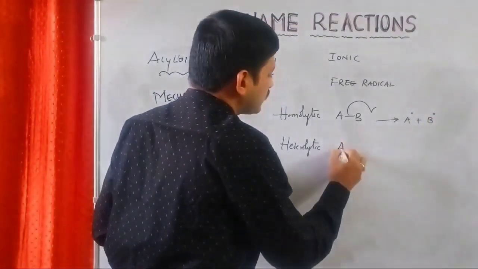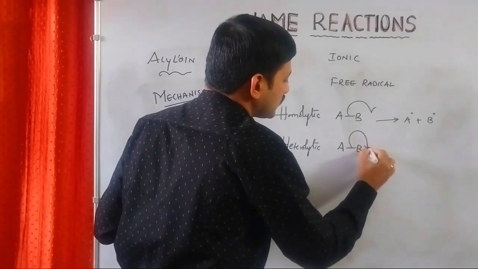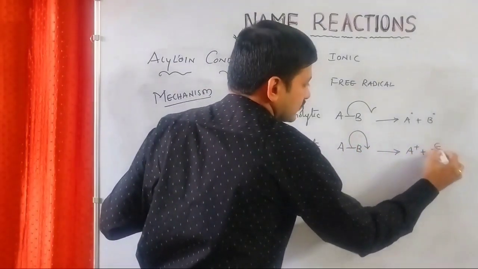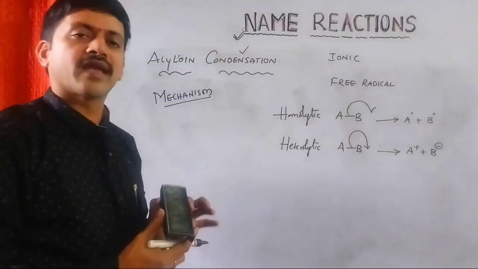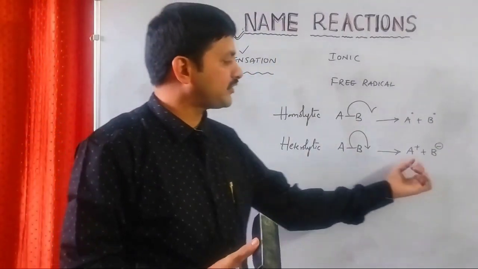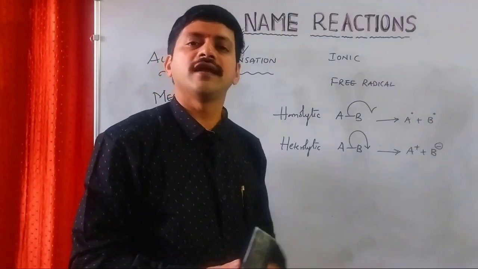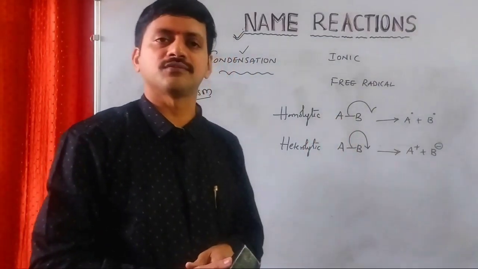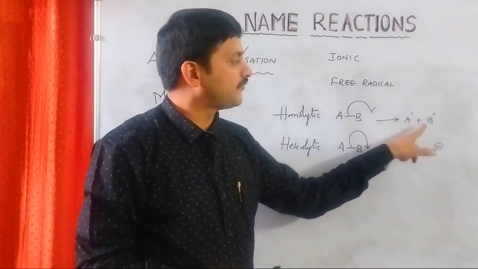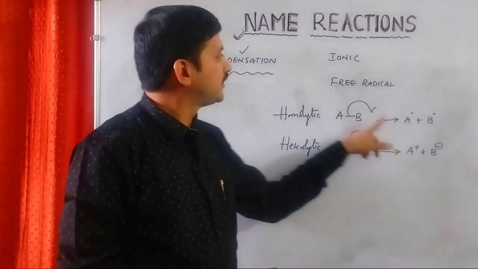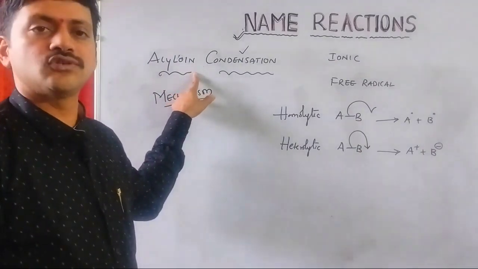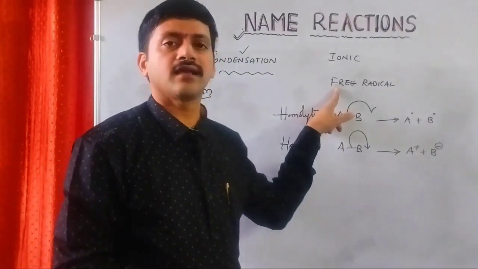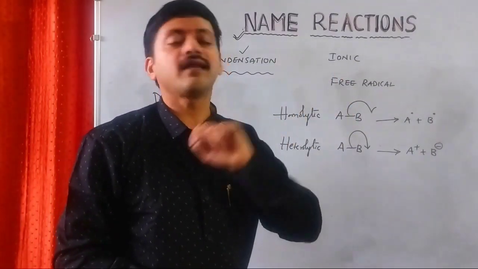But in case of heterolytic cleavage, you will come up with ions. So the ionic mechanism proceeds through the formation of positively or negatively charged ions. But in case of free radical mechanism, we are identifying free radicals. In this acyloin condensation, we are observing the free radical mechanism, not the ionic mechanism.